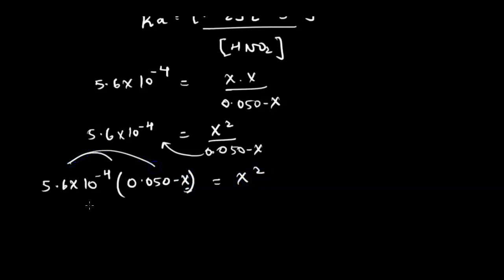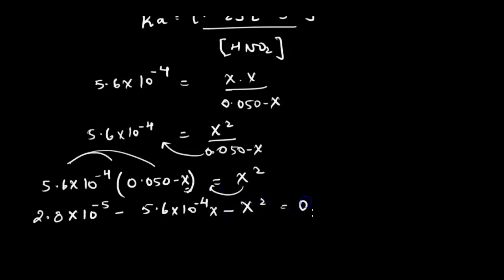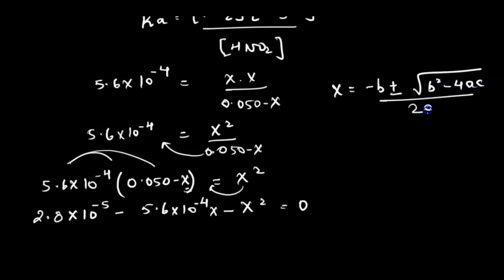When we expand this, we get 2.8 times 10 to the power negative 5 minus 5.6 times 10 to the power negative 4 x, and then we'll move this over. So we get minus x squared equal to 0. Now we can use the quadratic formula to get the value of x, and the quadratic formula is negative b plus minus square root of b squared minus 4ac divided by 2a.